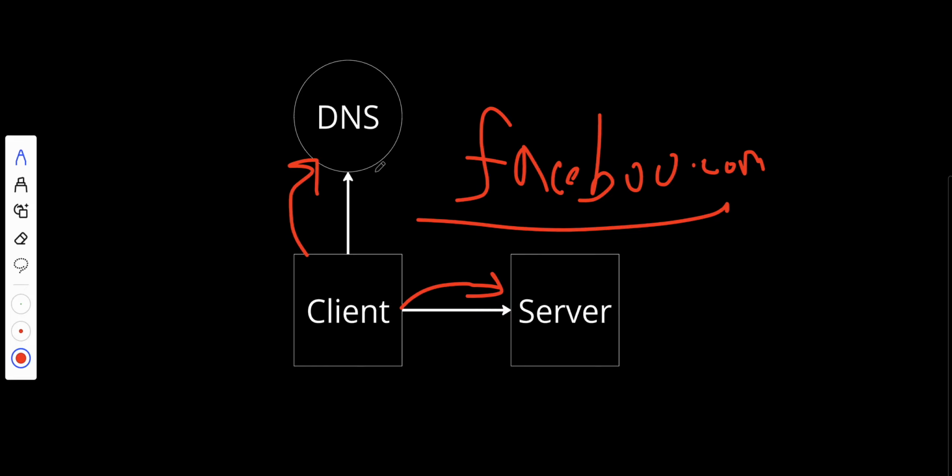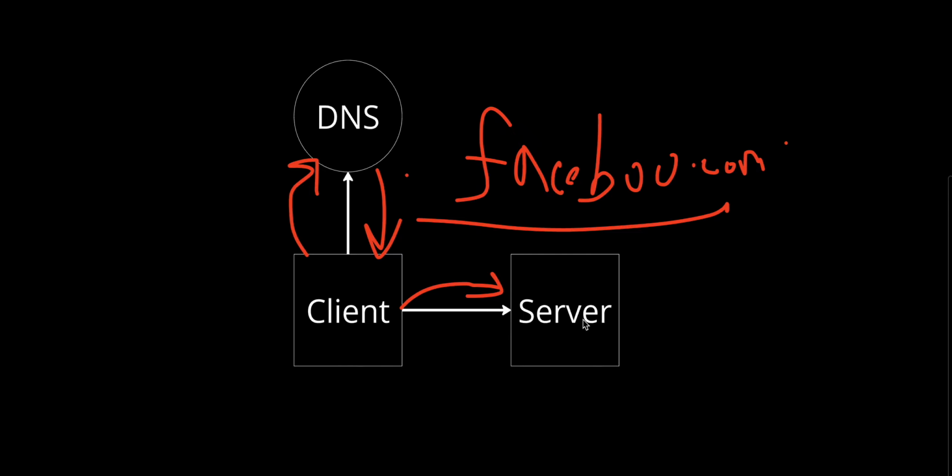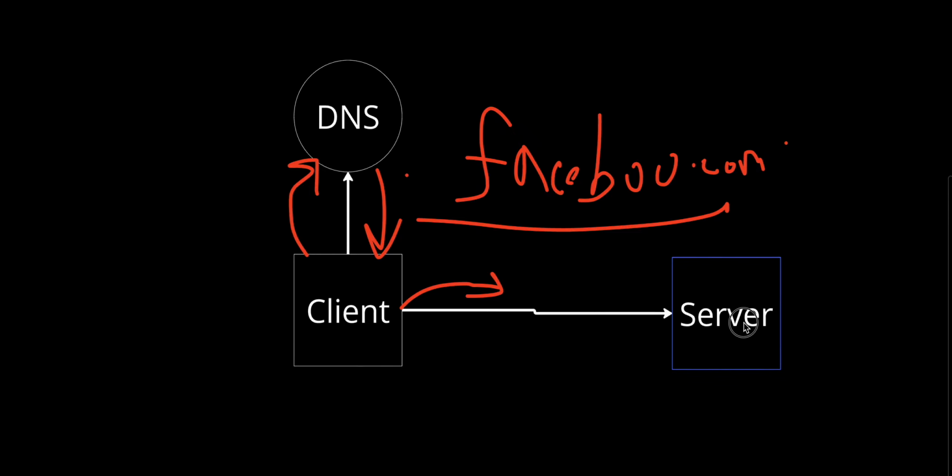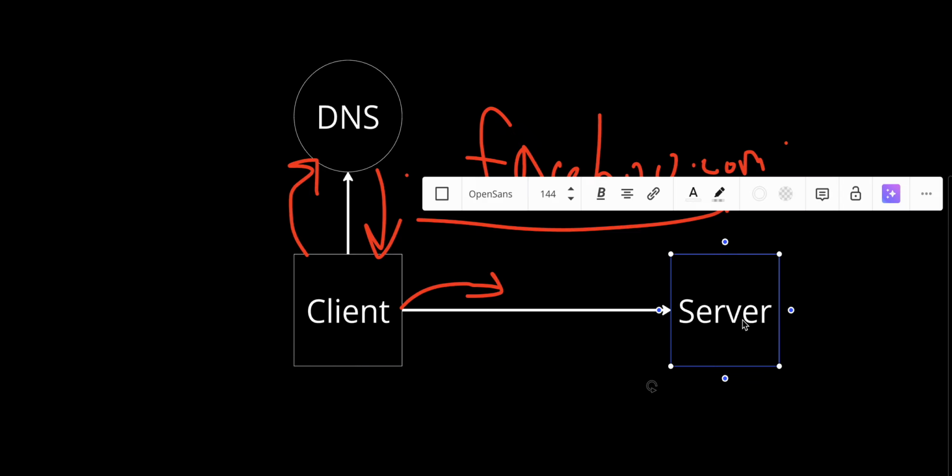Each domain name has its own IP address. So when the client types facebook.com, the DNS will send back the IP address. Once the IP address is obtained, it will establish a connection with the server. And this is what we call a client-server architecture.